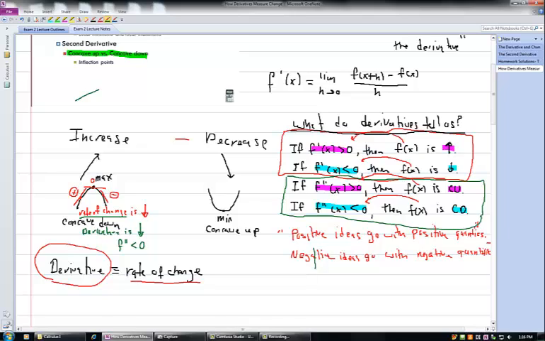Now look over here. We can look at a tangent line here. That's a bad tangent line, but you see it's going down, so it has a negative rate of change, a negative derivative. Here the derivative is 0. And over here, the rate of change, or we can say the derivative, is positive because it's going up. And so now I notice that the rate of change is going from negative to 0 to positive.